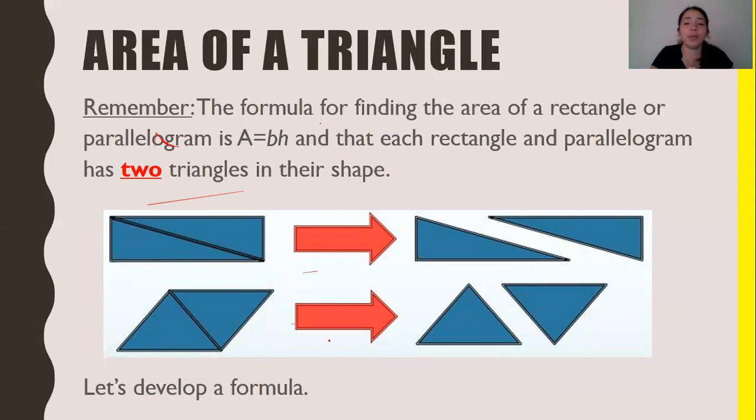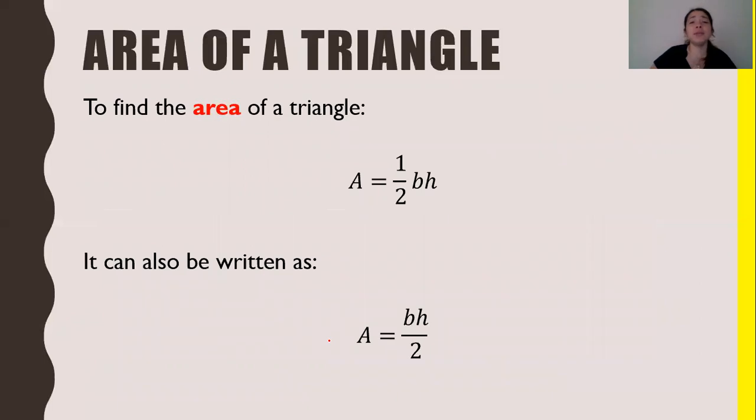So we're going to create a formula, and this is something important for you to write down. To find the area of a triangle, you need to find half base times height. So area is equal to half base times height.